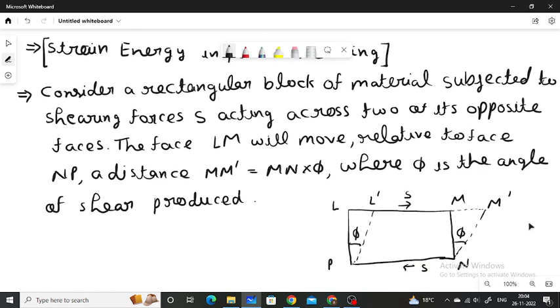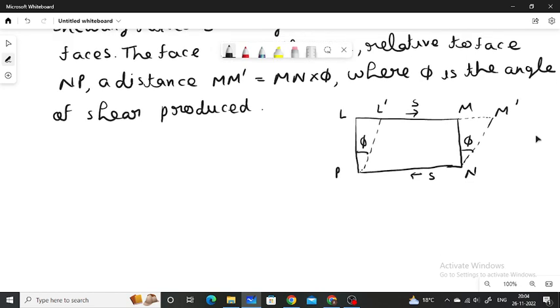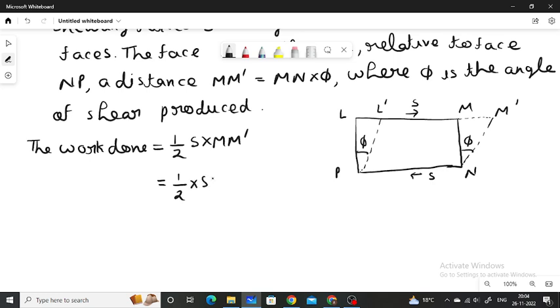Now, the work done is equal to 1 by 2 S into MM dash, or 1 by 2 into S into MN into phi.